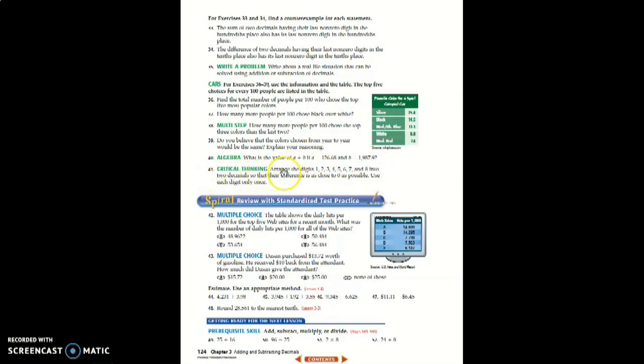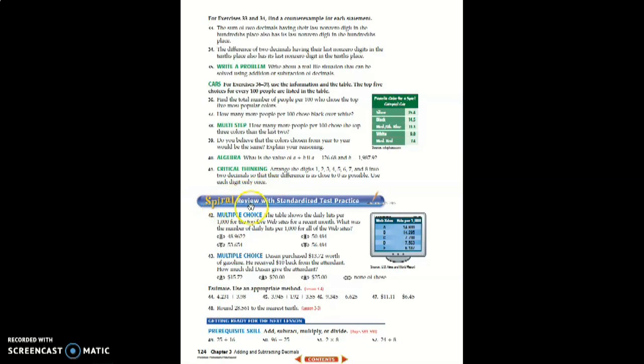Critical thinking: arrange the digits 1, 2, 3, 4, 5, 6, 7, and 9 into 2 decimals so that their difference is as close to 0 as possible. Use each digit only once.